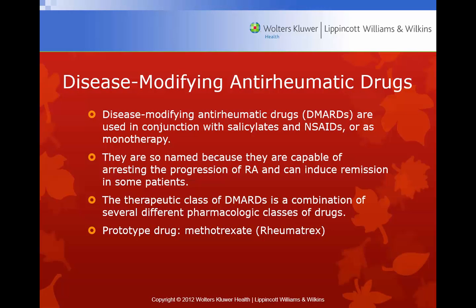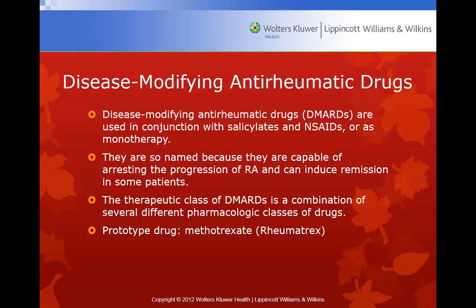One thing that I will say about that is that you can look in your book on page 465, table 25.1. There are lots of different disease-modifying anti-rheumatic drugs listed in your book, because there are a vast number of drugs that fall into that category.